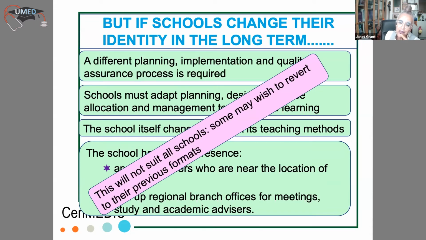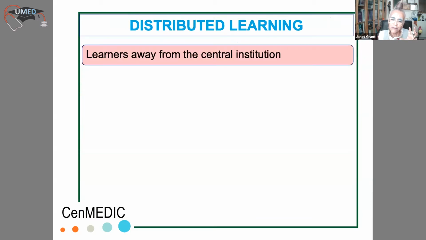That might not suit all schools. And a lot of schools will simply revert to their previous formats, and I'm very happy with that. But when they do, I hope that this past year's experience has enabled people to think differently about the students who are not on the campus.